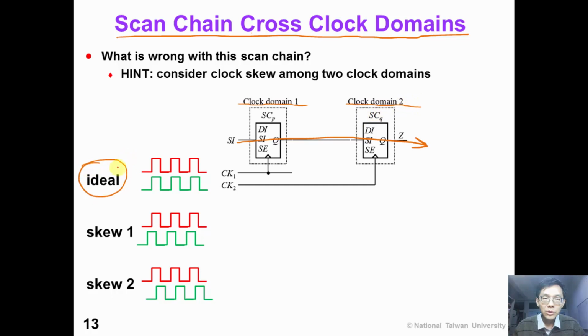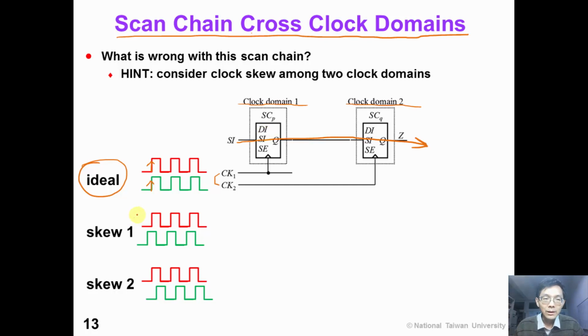Ideally, this scan chain would work perfectly if we connect clock 1 and the clock 2 together. If there is no clock skew and the 2 clocks are perfectly synchronized, then we can transfer the data without problem.